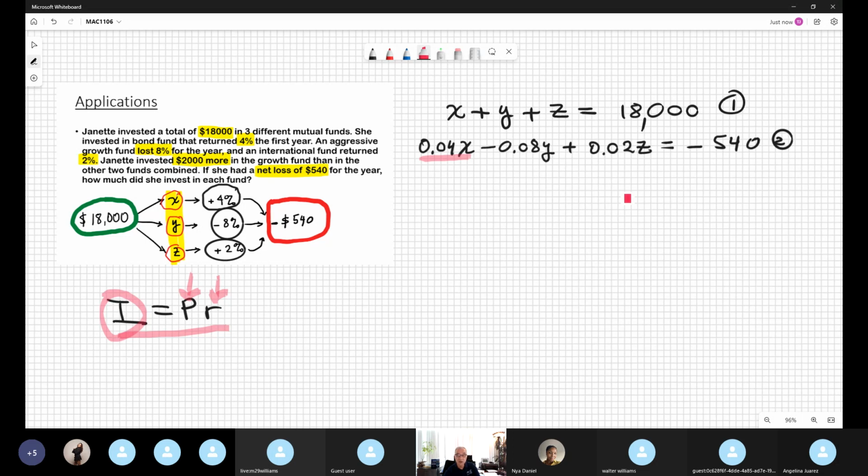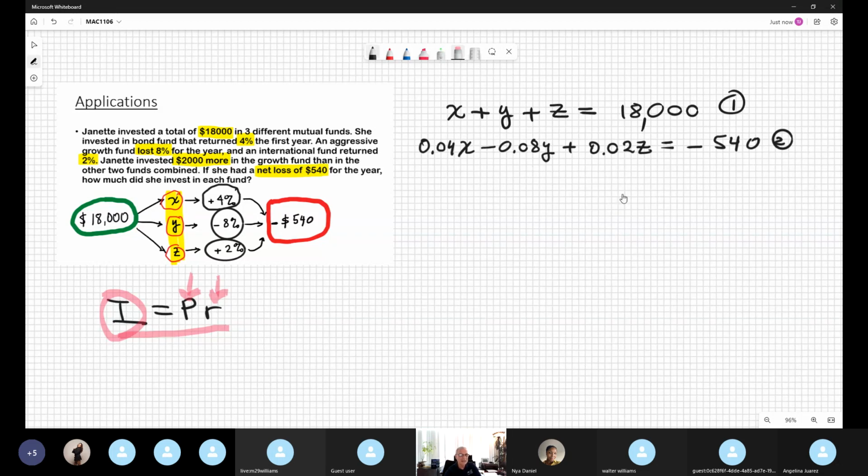And every interest together, bang, bang, the total interest was $540 per loss, negative. Do you understand very well this equation? Yes, yes. Now let's move on to the not complicated, but more tricky, in my opinion.